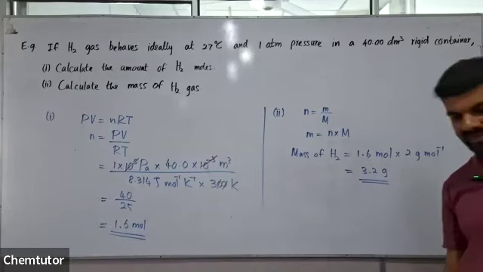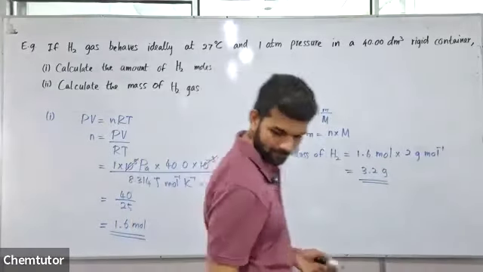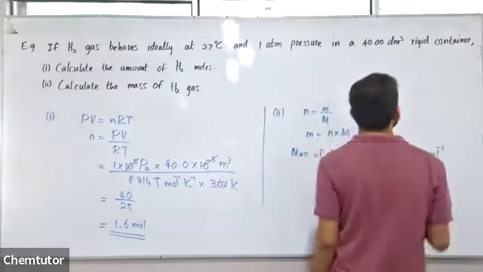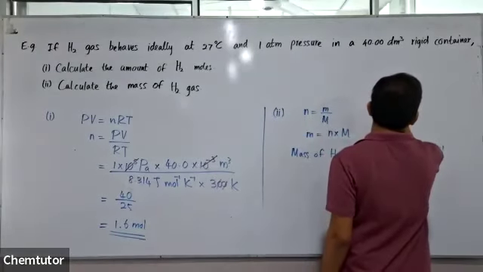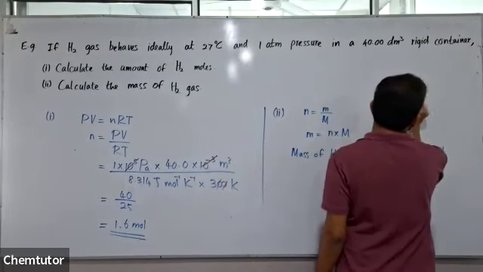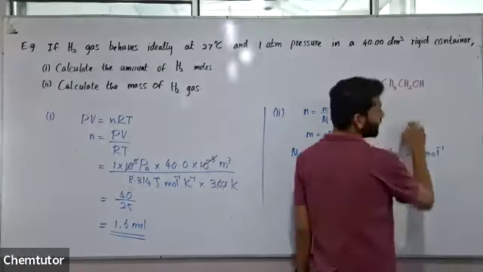It's like this. Let's assume you are given a compound like ethanol. Here we have two carbon atoms.